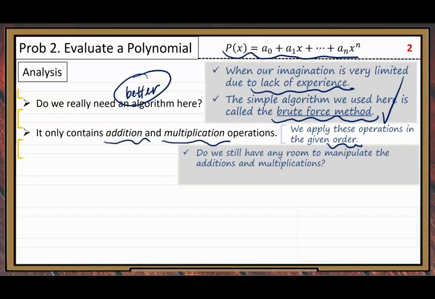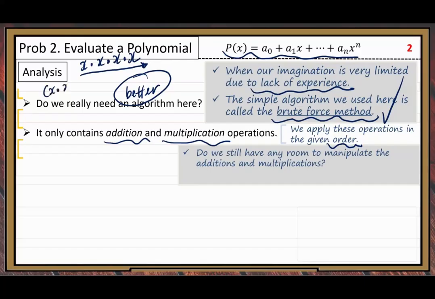So to let you see the importance of the order information, let me use the previous example to show you. The first method, we do multiplication in this order. 1, 2, 3, 4, this order. The second way, we can do better.